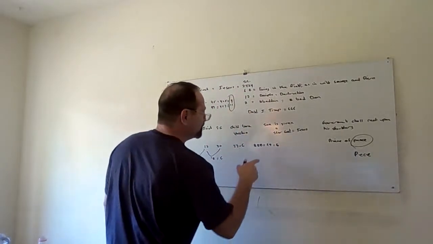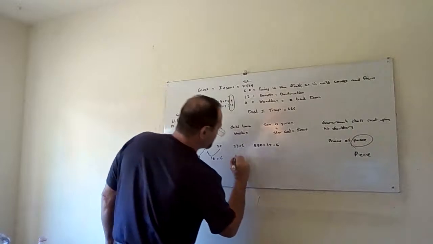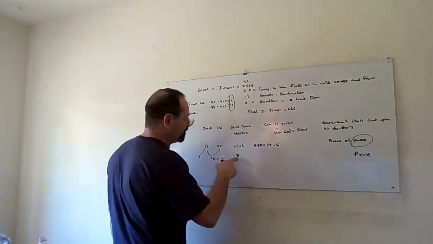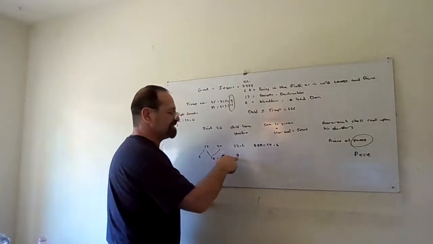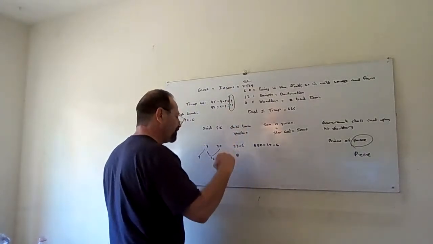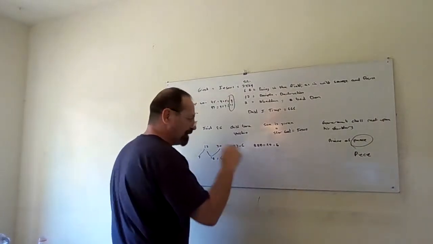Okay, Jesus is the eternal number. Why is 8 the eternal number? Because it's ongoing. It's eternal. It's like a racetrack.